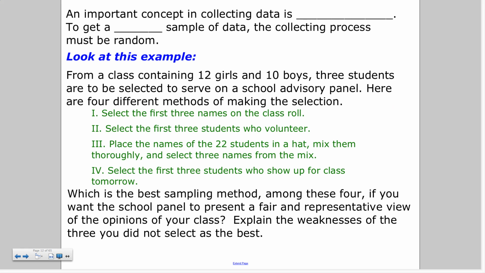So, all right. So an important concept in collecting data is randomness.